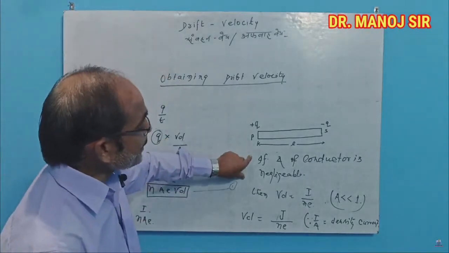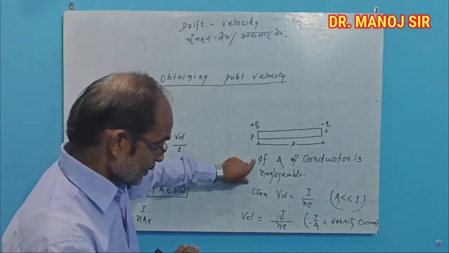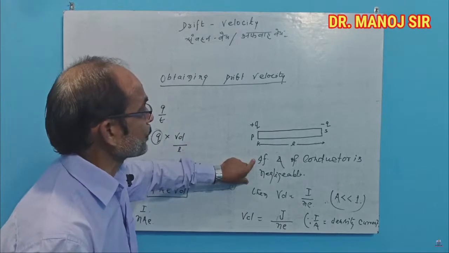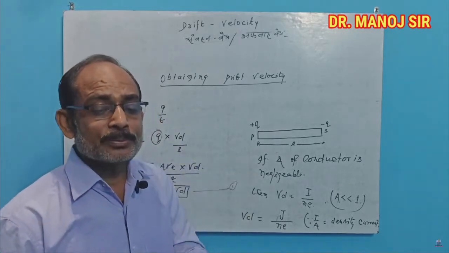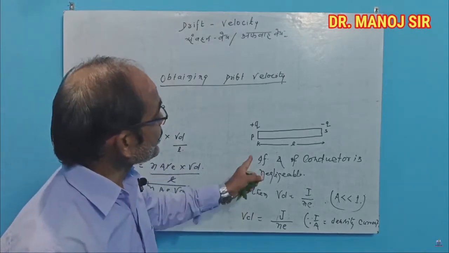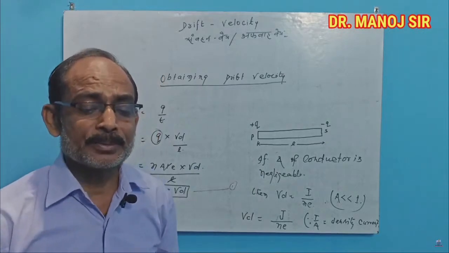If path is random, zigzag, not equal, then the velocity of electrons is disrupted. रुक कर कंडक्टर में फ्लो करेगा.